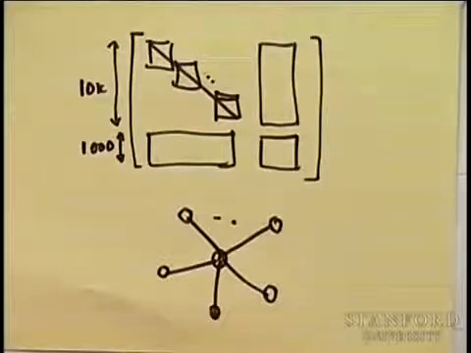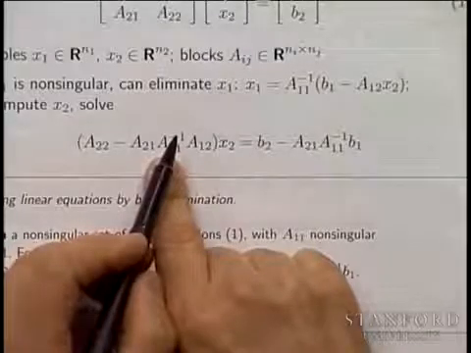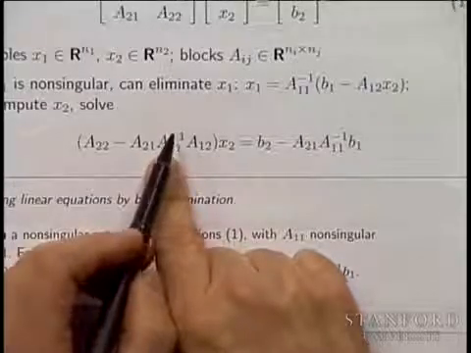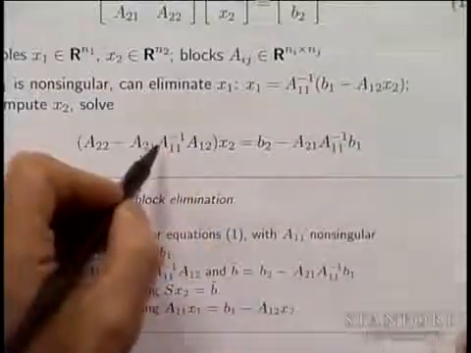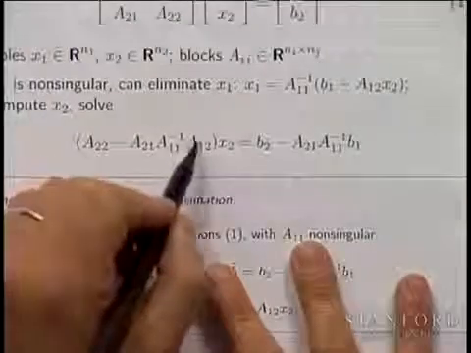By block. I mean, you do block elimination. This will be way, way faster. Because how do you do A11 inverse? A11 is 10,000 by 10,000. What's the effort to compute with A11 if it's 10 blocks of 1,000? Well, you don't calculate A11 inverse, sorry. How do you calculate A11 inverse A12?